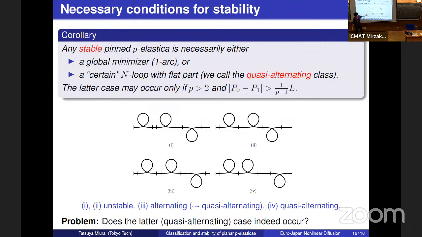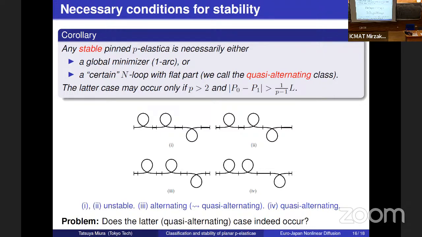For example, this one has, between each two loops, a non-degenerate segment, and also at the endpoints we have non-degenerate segments. And in the last case, we have a degenerate segment, but there the loops have the same direction. Those cases are still difficult, not shown to be unstable.